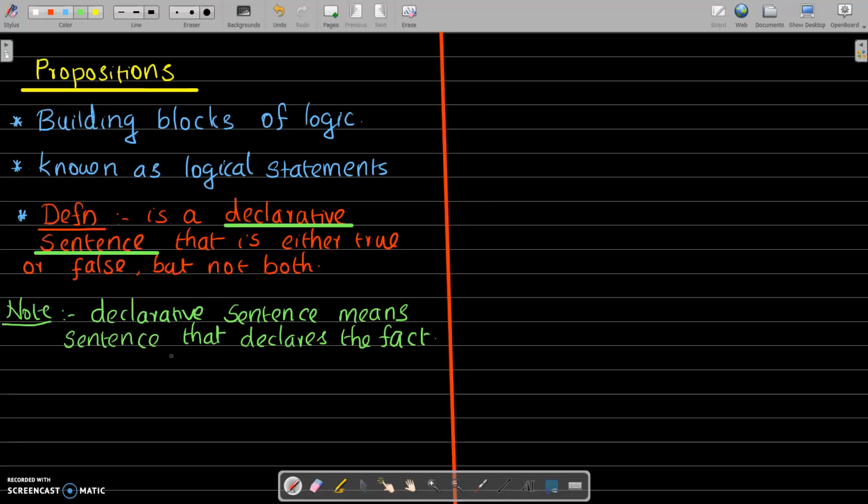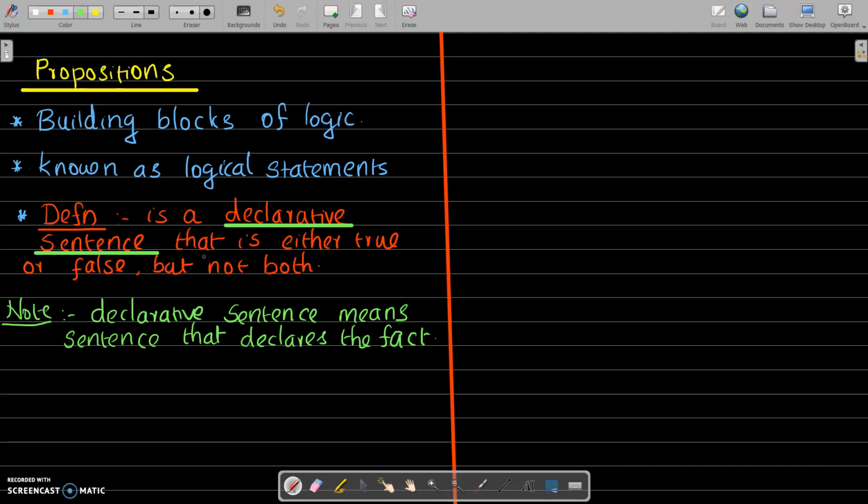Now let's move on to the definition of the proposition. Propositions are the building blocks of logic, and they are known as logical statements. How can we define a proposition? It's a declarative sentence that is either true or false, but not both.